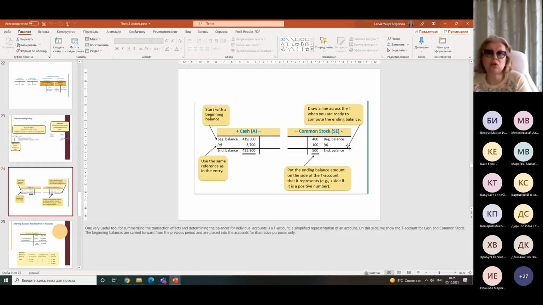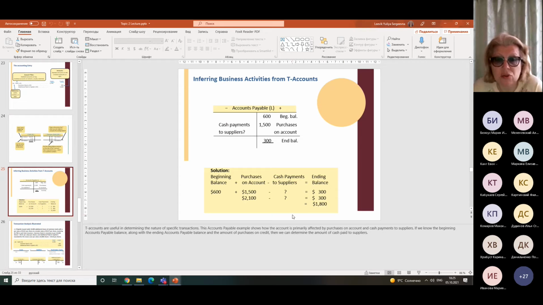For the owner's equity accounts and liability accounts, the situation is absolutely opposite. We have beginning balance on credit plus all credit minus all debits, and we get ending balance on credit.